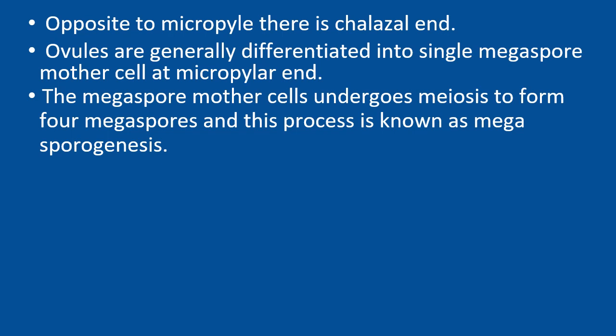Now the megaspore mother cell undergoes meiosis, and meiosis leads to the formation of 4 megaspores, and this process of formation of 4 megaspores from the megaspore mother cell is called megasporogenesis.